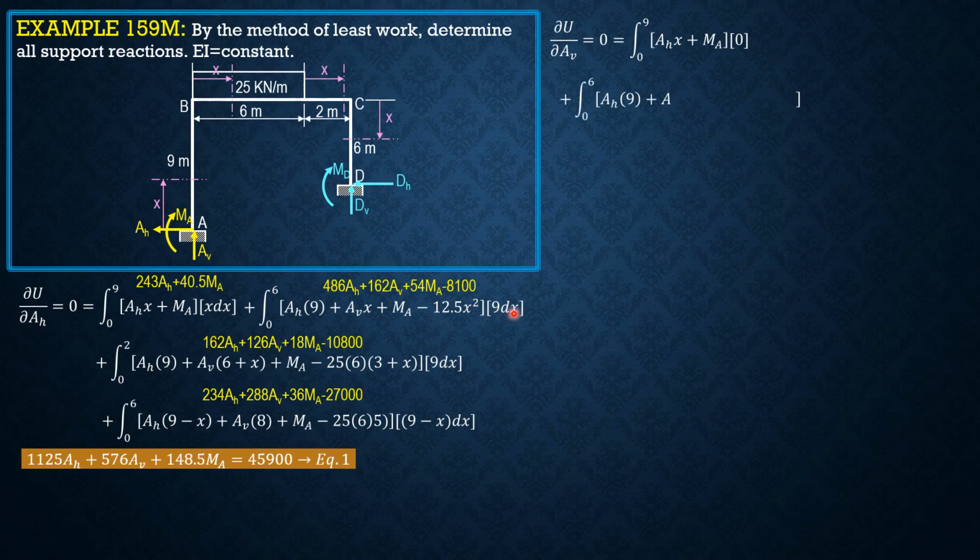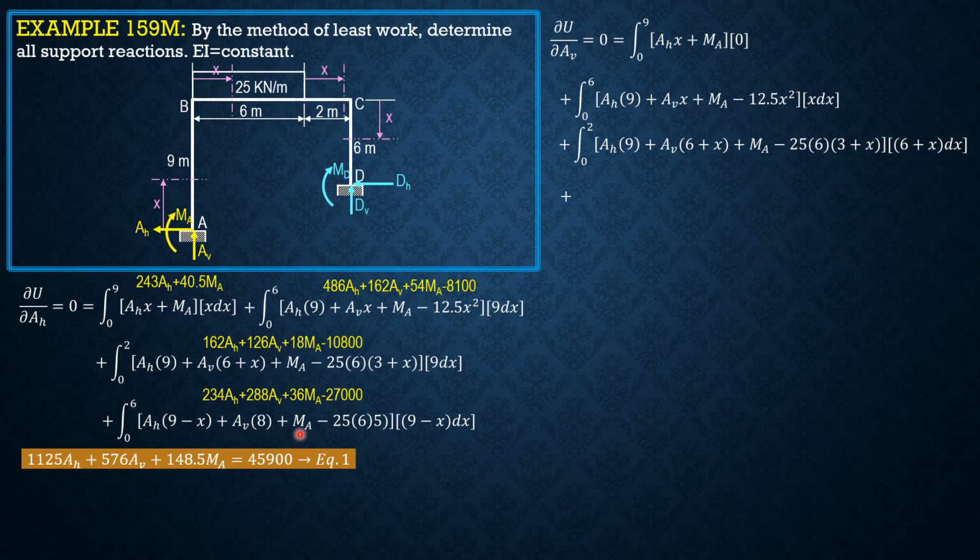Then we replace this by derivative of AV, which is x dx. Then for the third integral, copy. So we replace this by 6 plus x dx. So MA minus 25 times 6 times 3 plus x, then 6 plus x dx.